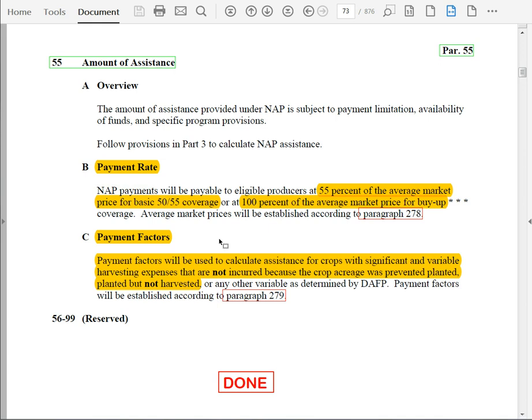The difference in these factors are meant to reflect the differences incurred in expenses. If a crop was prevented from being planted, the producer might only pay for seed, fertilizer, and land preparation. A planted crop would have additional expenses of planting and possibly of applying chemicals. The harvested crop would have the greatest expense, as it would also include the cost of harvest.